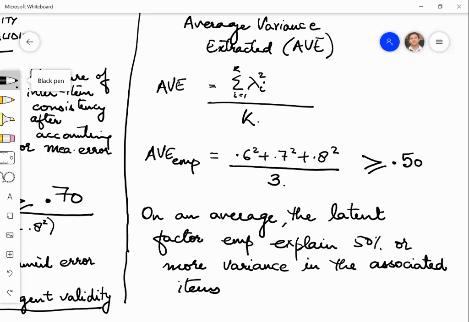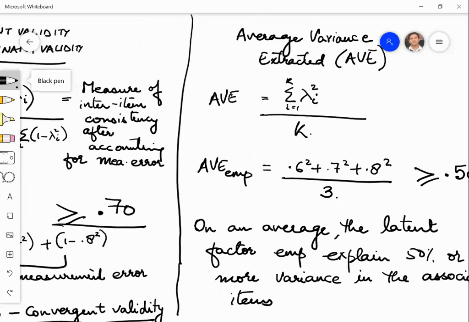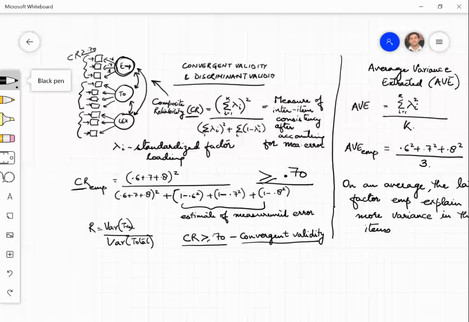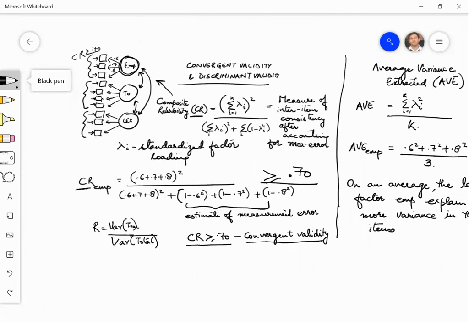That means we are able to explain more than 50%, at least 50% variance in the item because of this latent factor EMP. The remaining 50% in the item could be because of the measurement error.